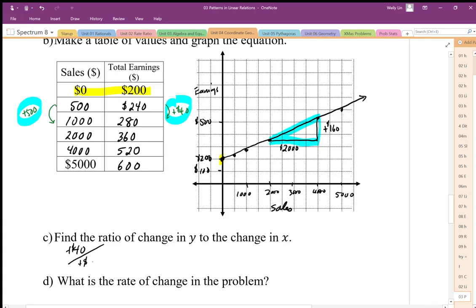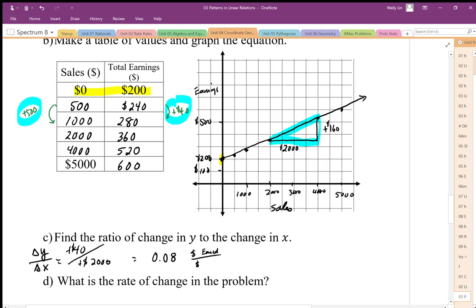I should make sure it's clear: it's the change in y compared to the change in x. The change in y is on top. When I divide those to get a unit rate, I get 0.08 as my unit rate, and the units are going to be dollars earned for dollars sold.